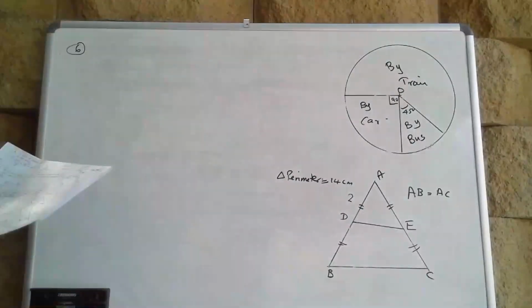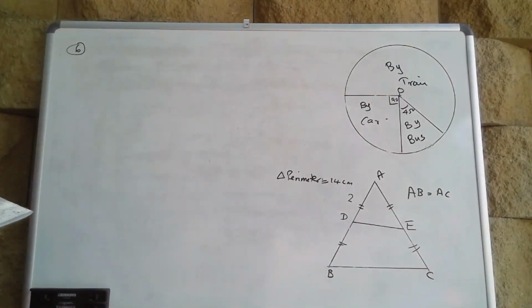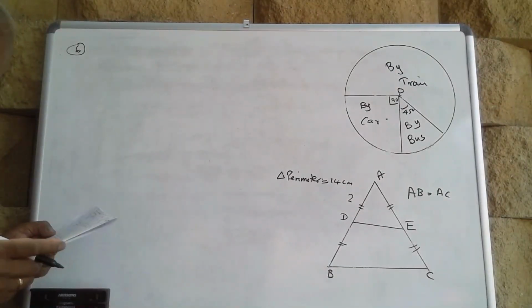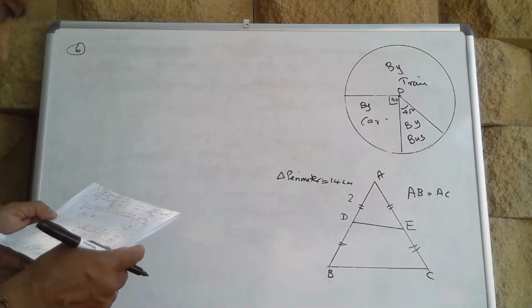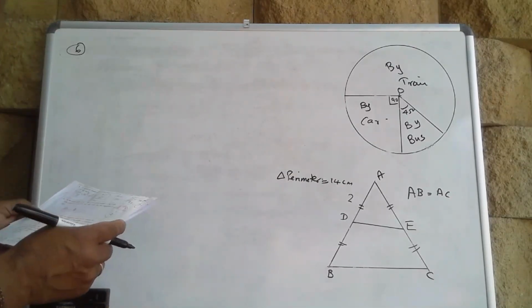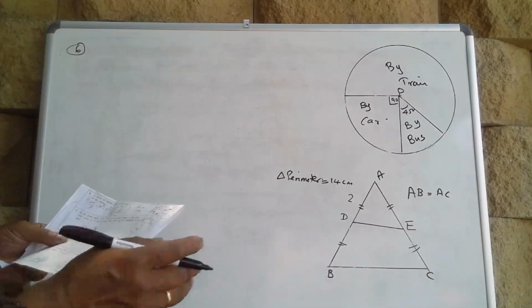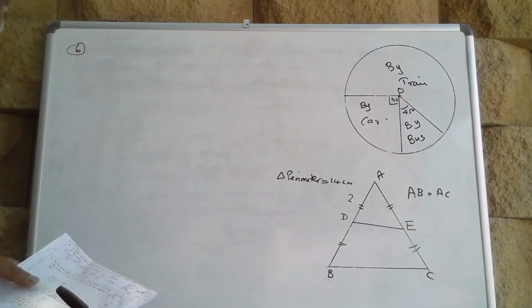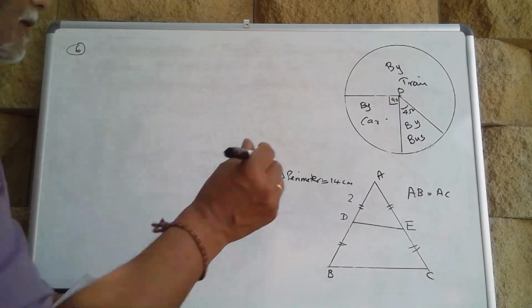The question asks for the ratio between the number of employees who arrived at the Institute by train and by bus. So we need to find out what this angle is.